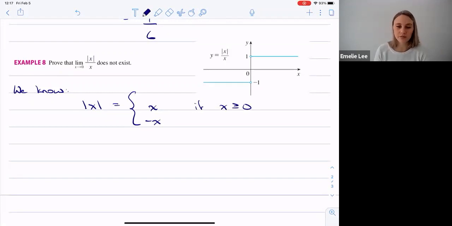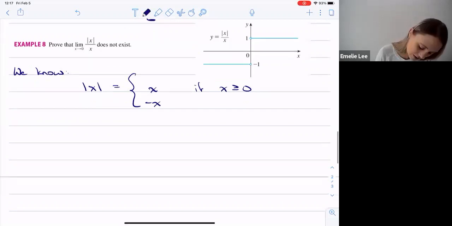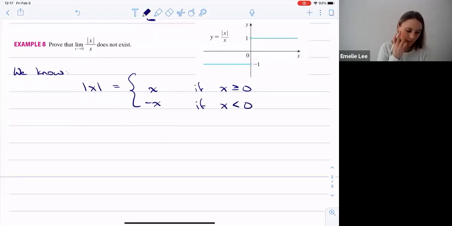If you're plugging in a positive value into the absolute value, you just get that value back. Whereas if x is negative, technically what you're doing is taking the negative of that negative. So negative x is the absolute value of x if x is less than 0.